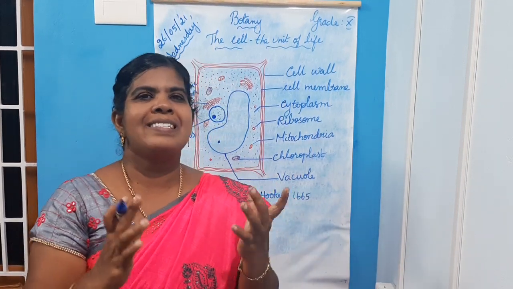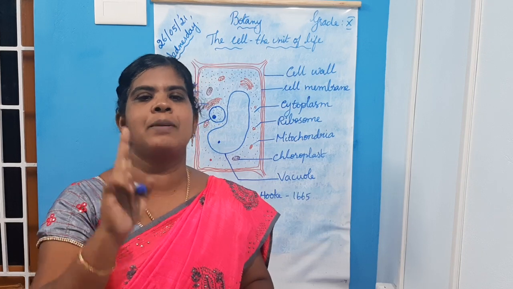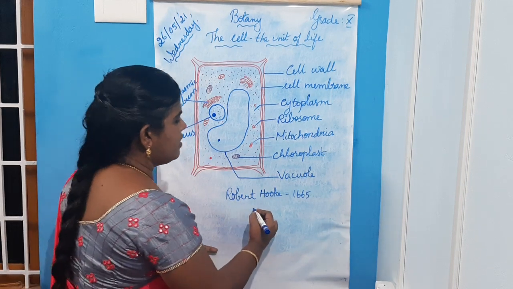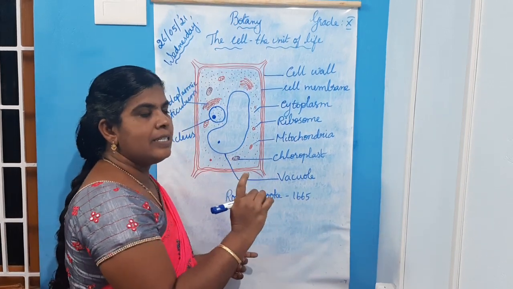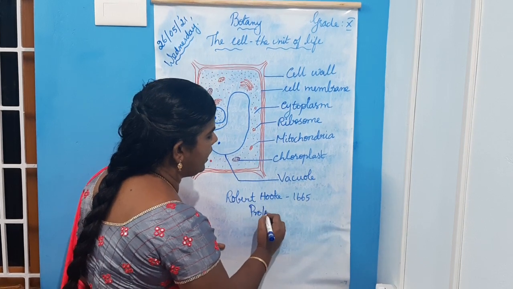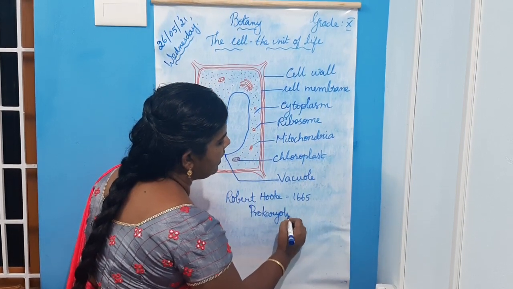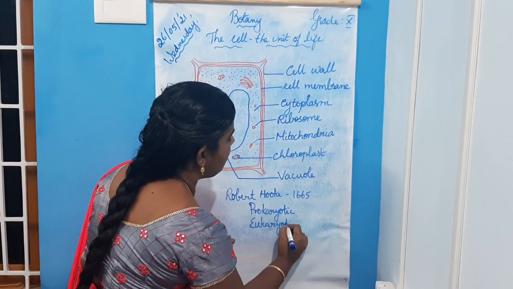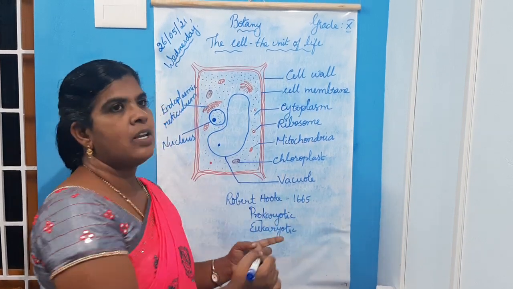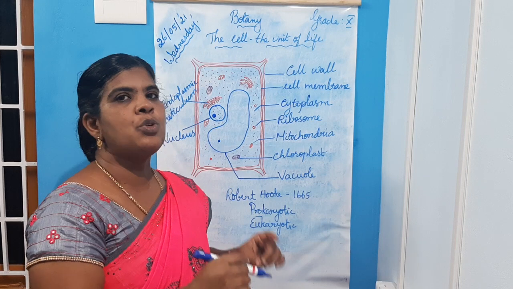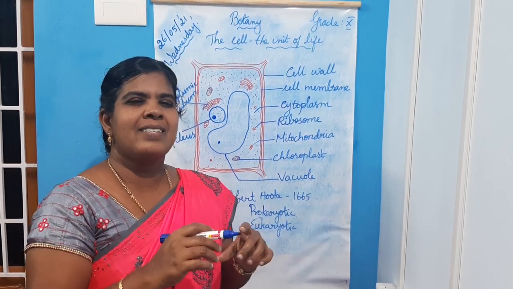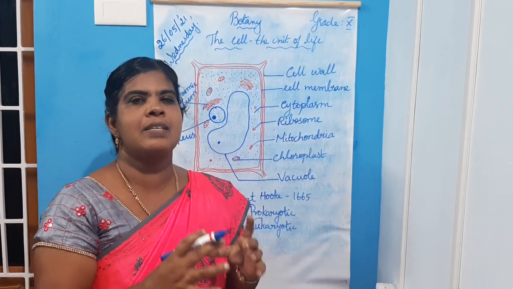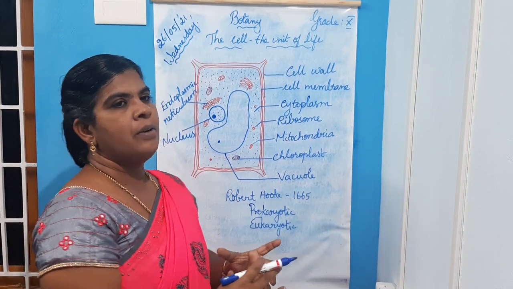Based on cellular organization, there are two types of cells, namely prokaryotic and eukaryotic cells. In prokaryotic, pro means primitive, karyon means nucleus. The organisms having a primitive nucleus, or the cells, do not contain a definite nucleus. Such a nucleus is without a nuclear membrane.